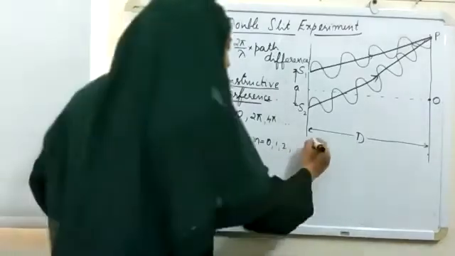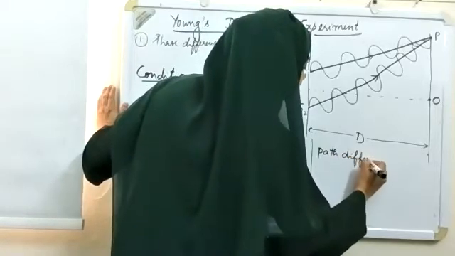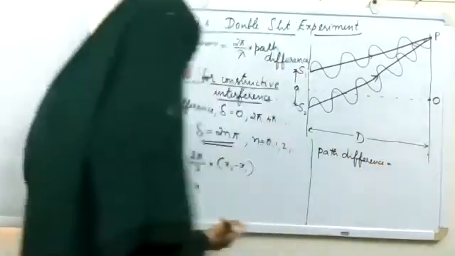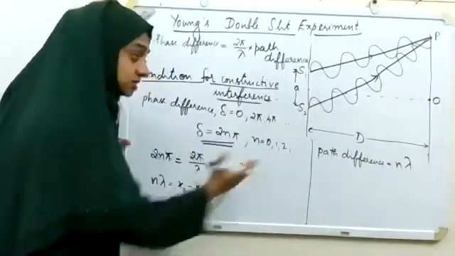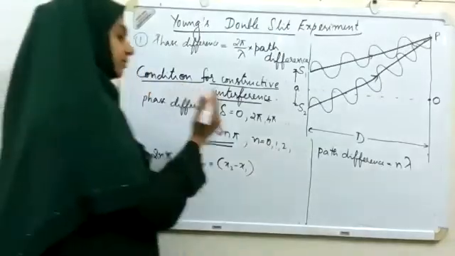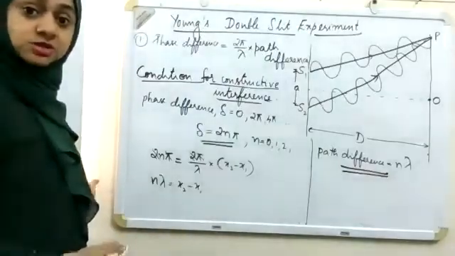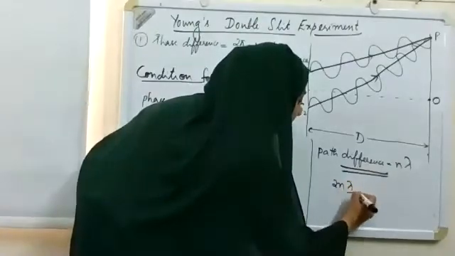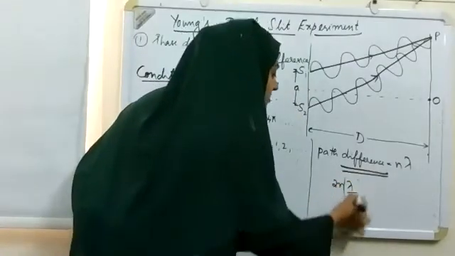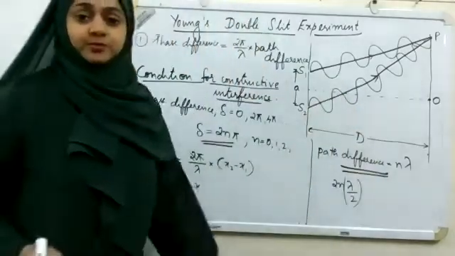Or the condition is that the path difference should be equal to n lambda. x2 minus x1 is the path difference, that is equal to n lambda. So this is the condition for constructive interference, or you can also write it as 2n lambda by 2. So the path difference should be an even multiple of lambda by 2.